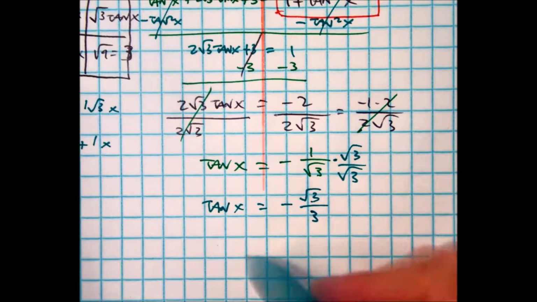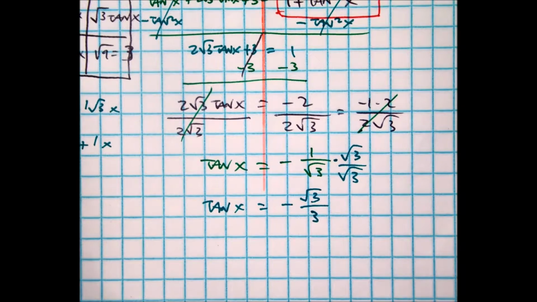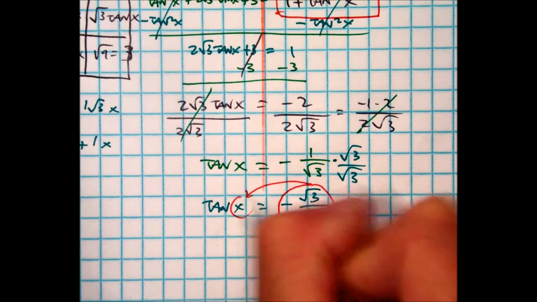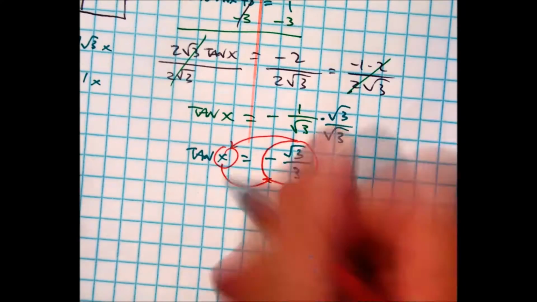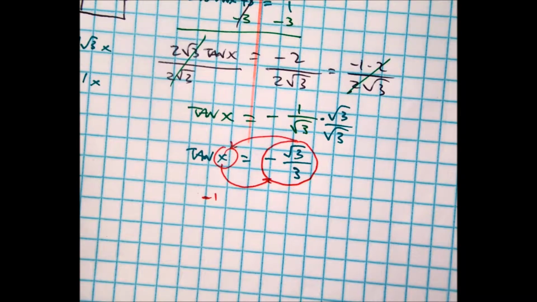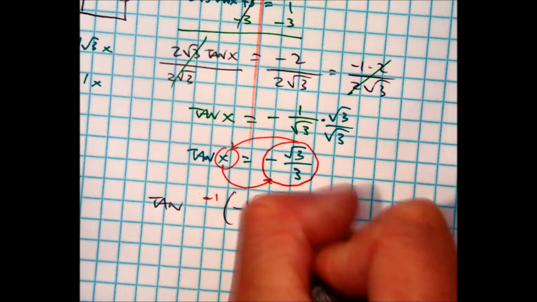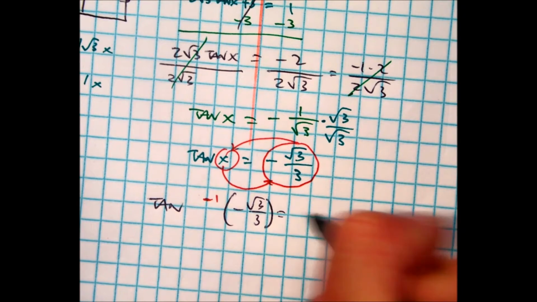Now, you're going to take the inverse, right? So I have the inverse of tangent of negative radical 3 over 3 equals x.